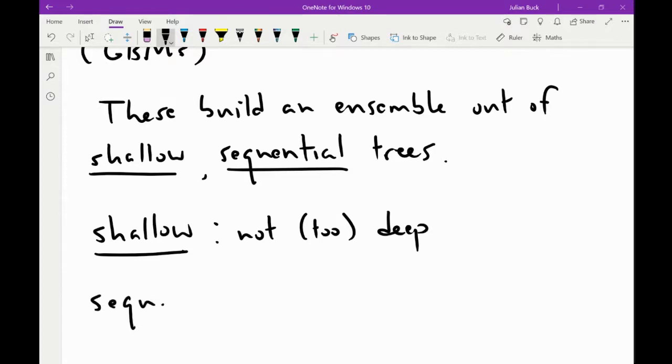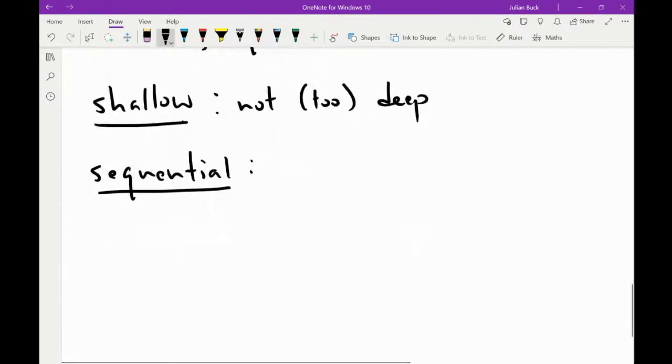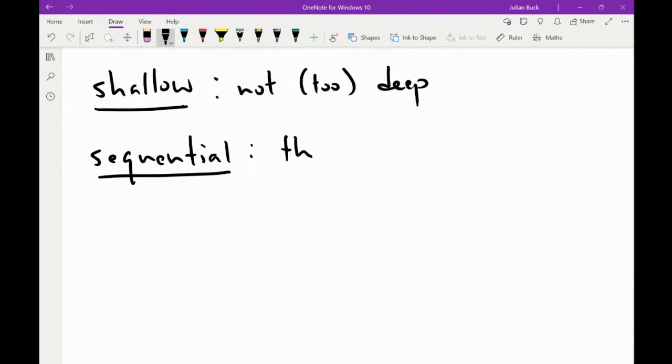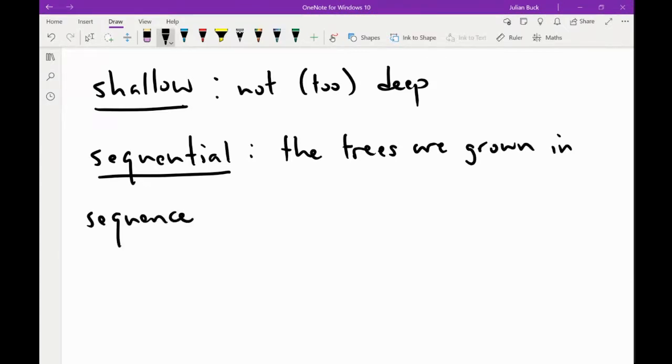Okay. Perhaps the more interesting and consequential part of this that changes things a lot is the sequential aspect. What do we mean when we say sequential? The trees are grown in sequence, one after the other, rather than all being grown in parallel. But not only that, they're grown off of each other.